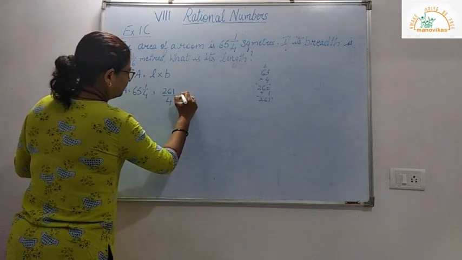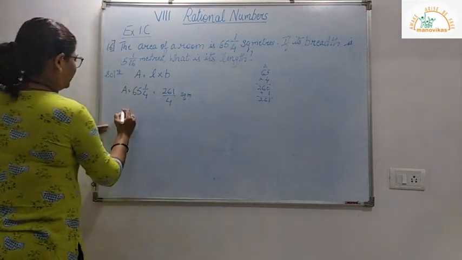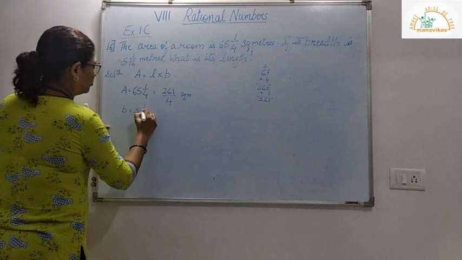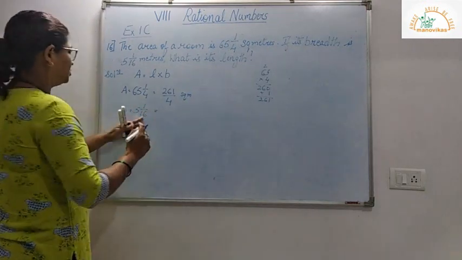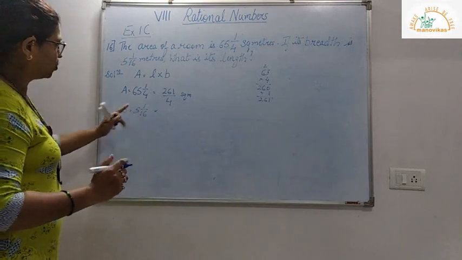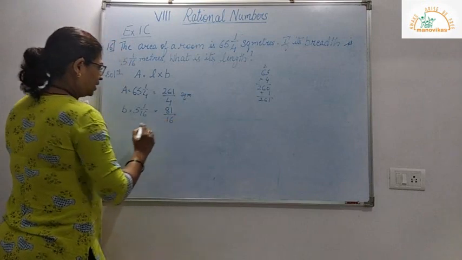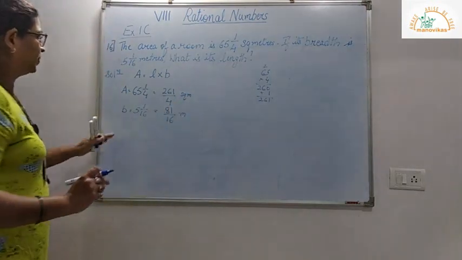Area, so it is square meters. Now moving on to the breadth. B is equal to 5 1 upon 16. So 16 5s are 80 plus 1. So I get it as 81 divided by 16 in meters.